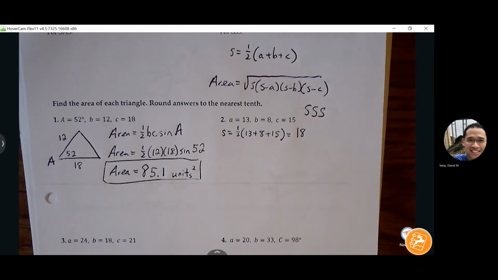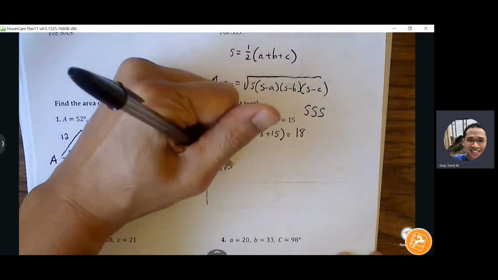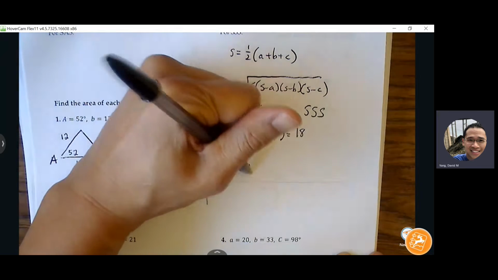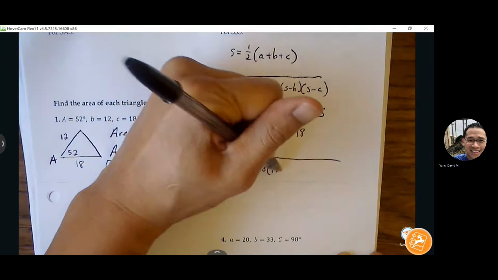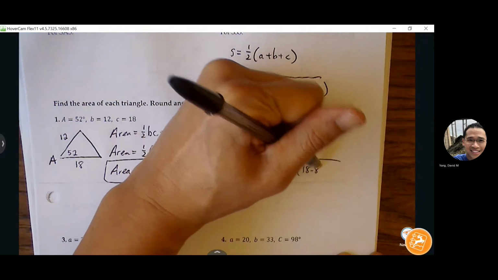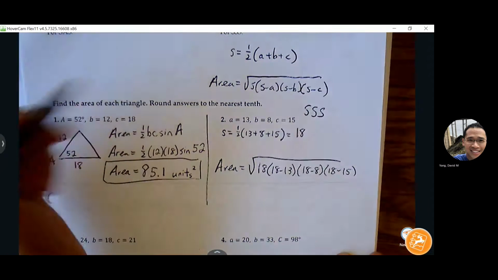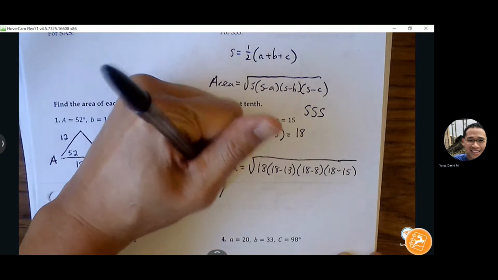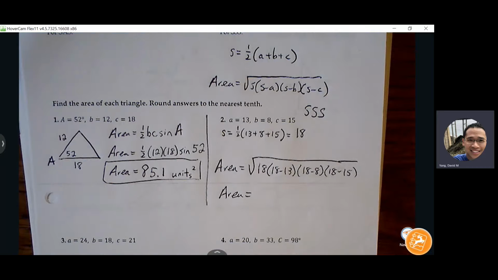We're going to need that for our area formula. Everybody good so far? And now we're just going to enter into our area formula here. Okay, use your calculator and let's see what we get.